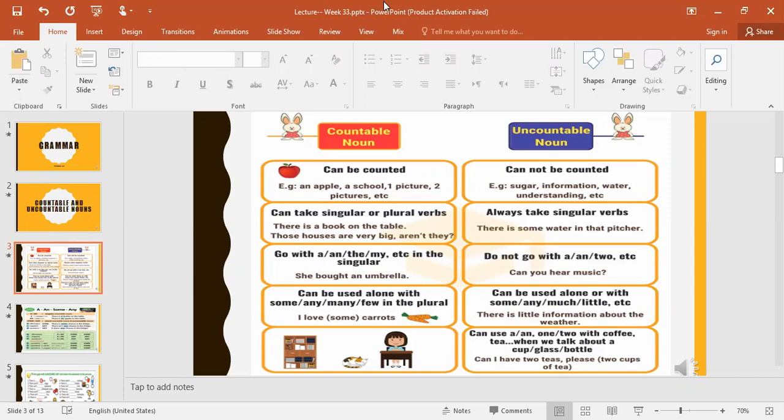When I say singular or plural verbs, it means the verb that the noun takes. يعني there is a book on the table. Where is the verb here in the sentence? A book. What is the verb in the sentence? Who knows?